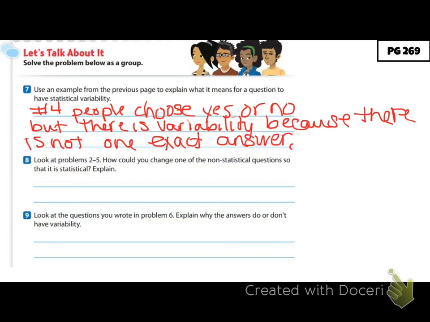You will have some people that'll say yes and some people that'll say no because of their opinion on the movie.